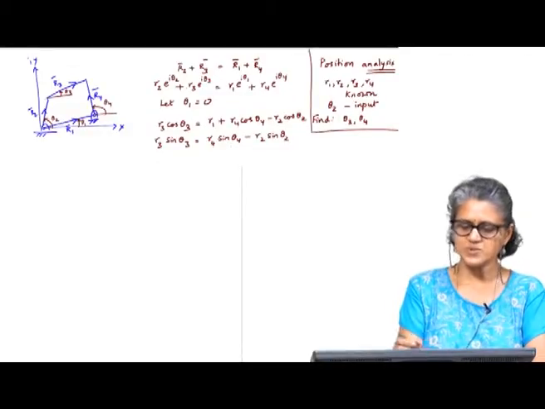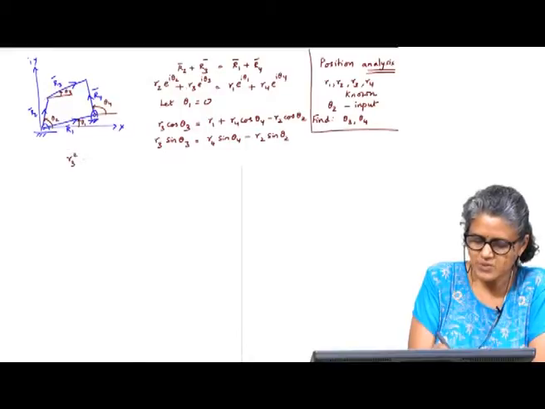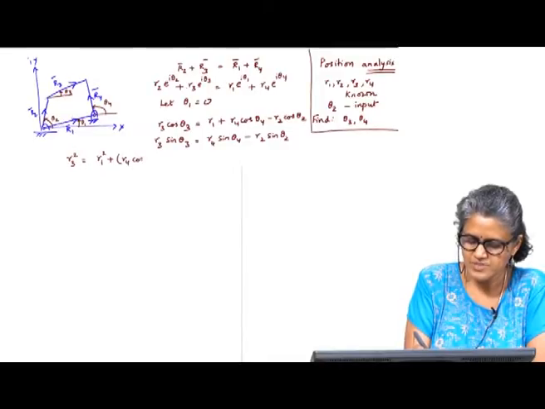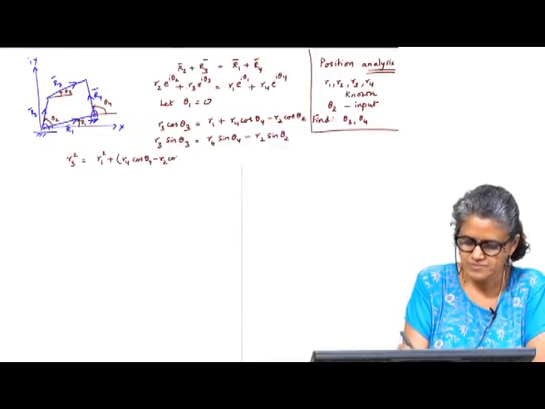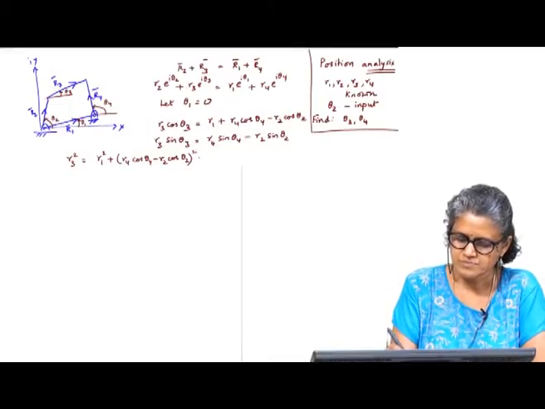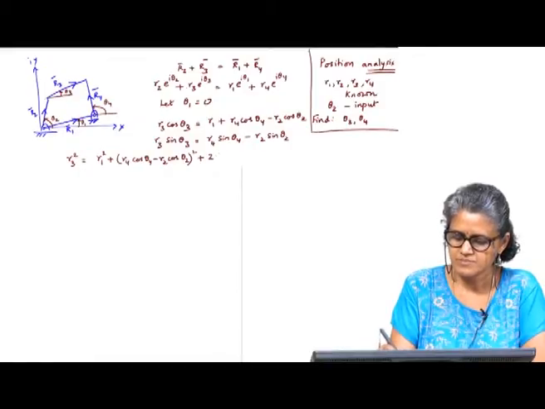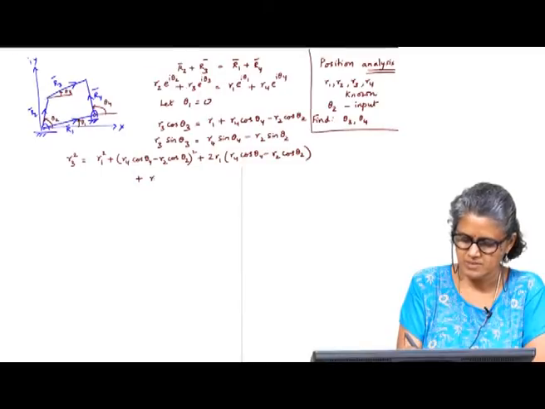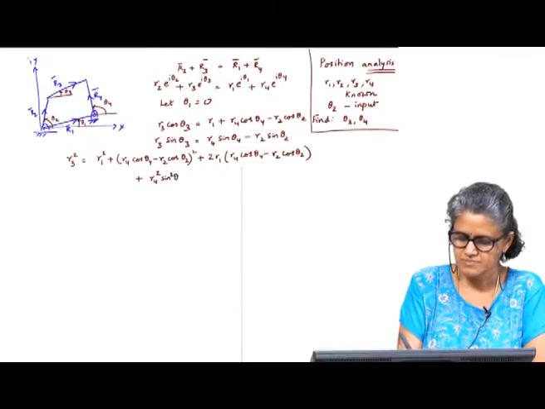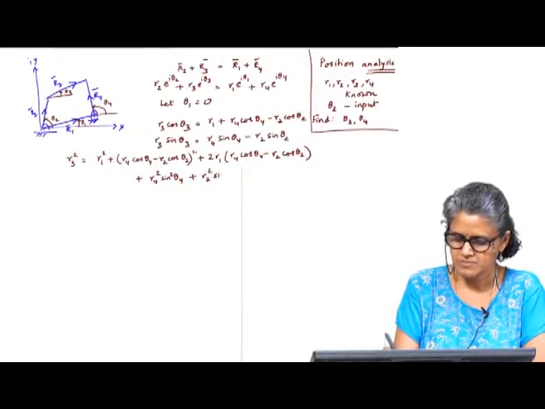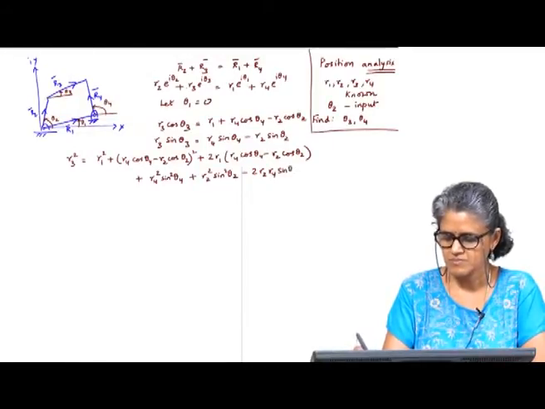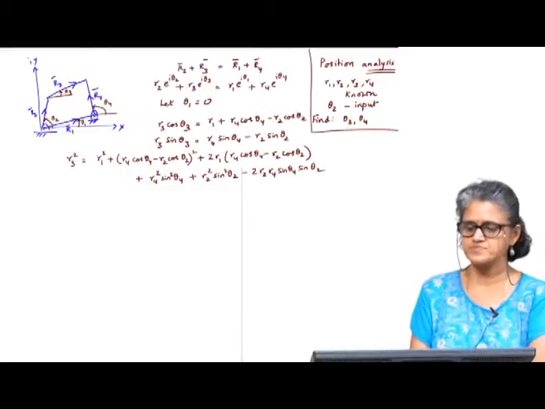I square and add these equations and I get r 3 square equal to r 1 square plus r 4 cos theta 4, cos theta 2, plus sin theta 2.